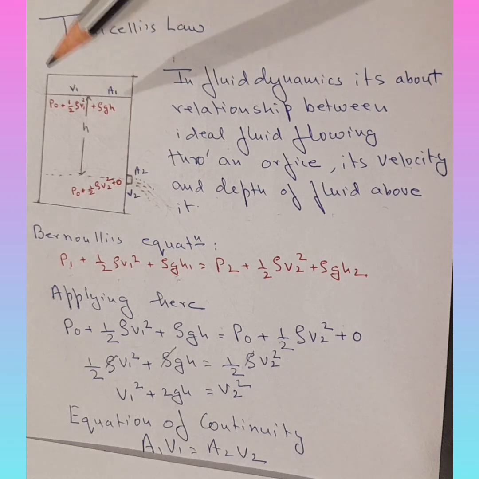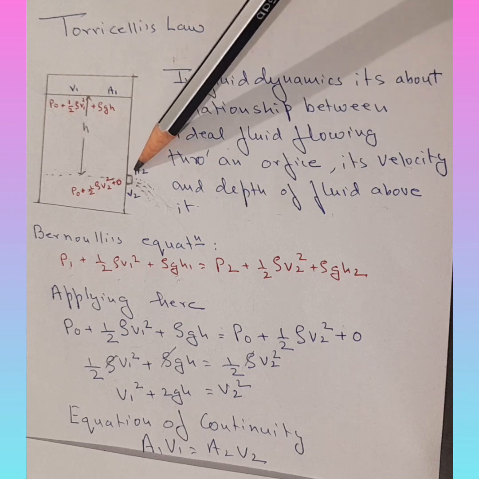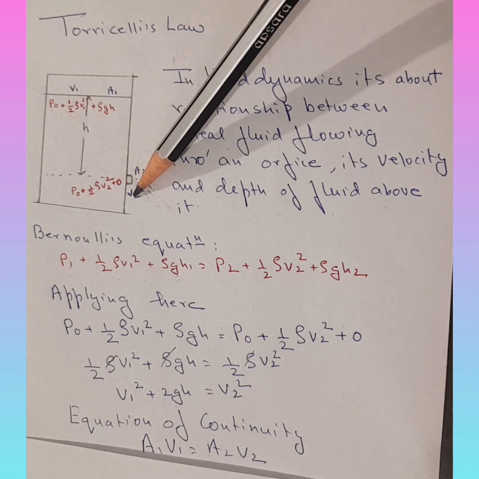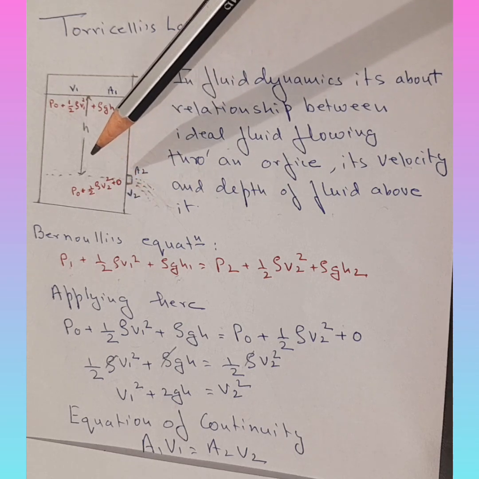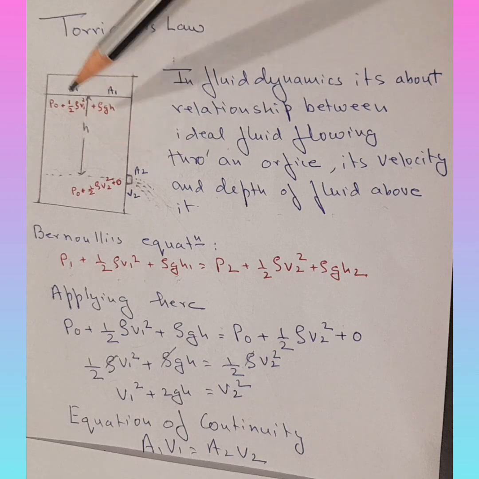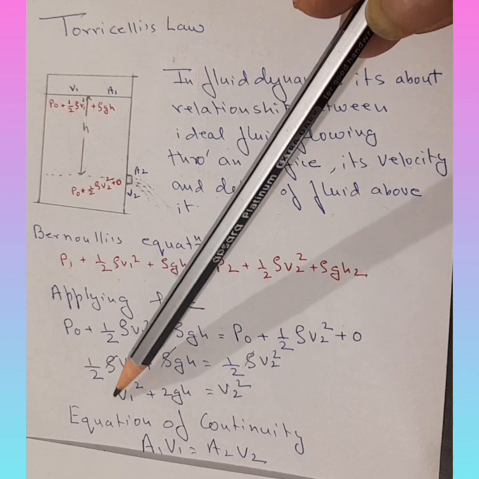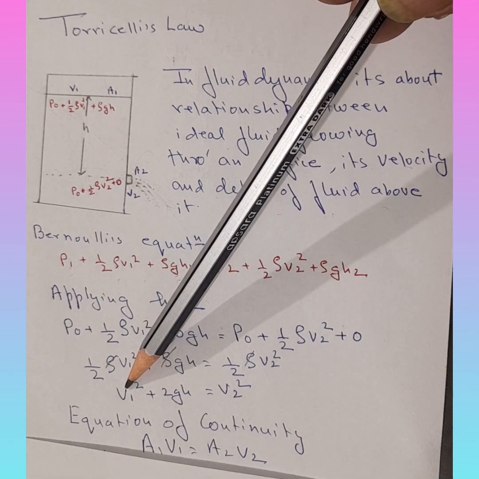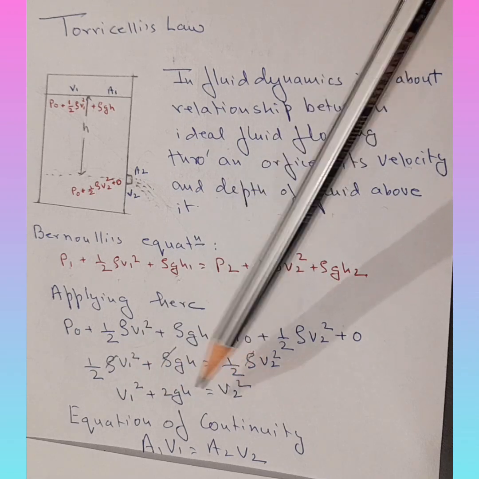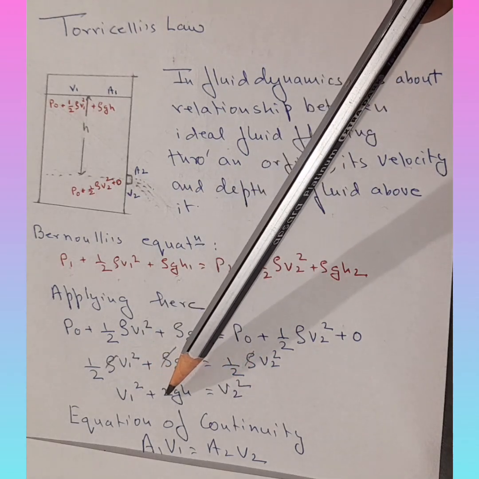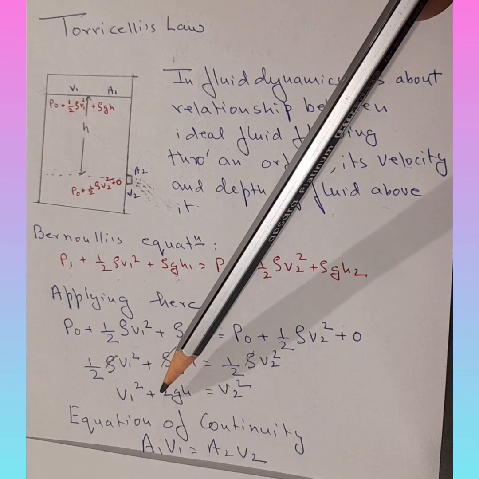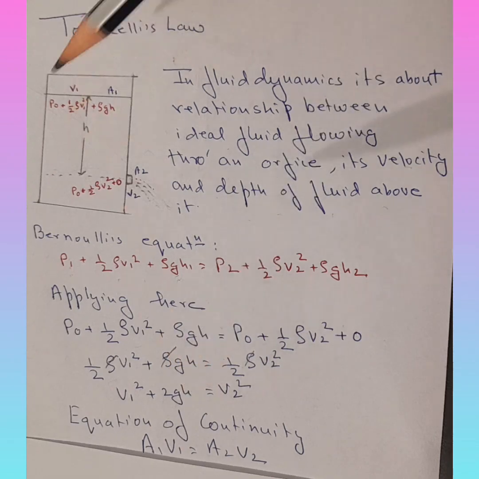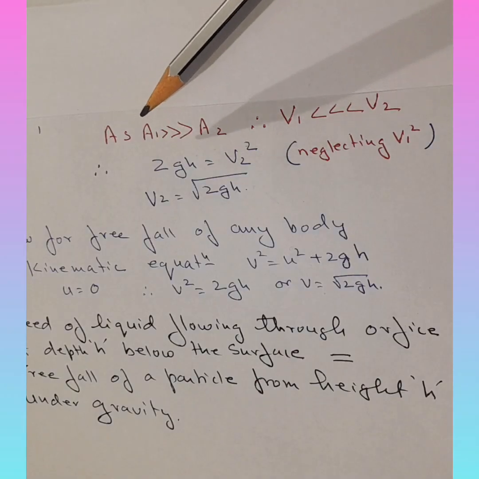Applying this logic of the equation of continuity, V1 being very small, we can neglect V1 square. Once we neglect V1 square, just taking root on both sides, what we end up with is root 2GH. So that's what I have written over here.